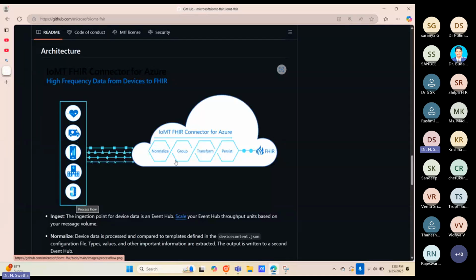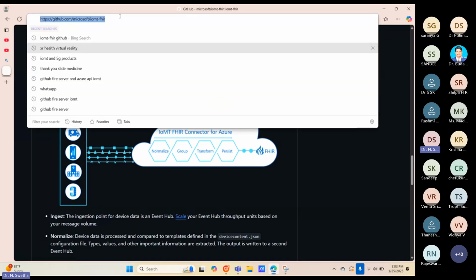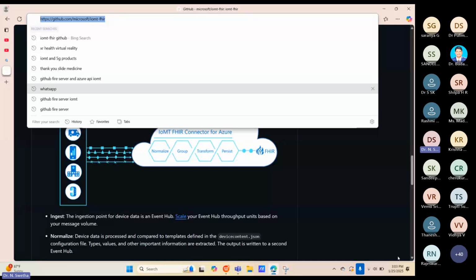All this data is coming into the IoMT FHIR Connector for Azure. So this is acting as a connector, that means just an input. It is taking the input, which is in Azure. I'm not supposed to open my container, otherwise I could have shown. But please remember this. I will even type it in the chat for your reference.